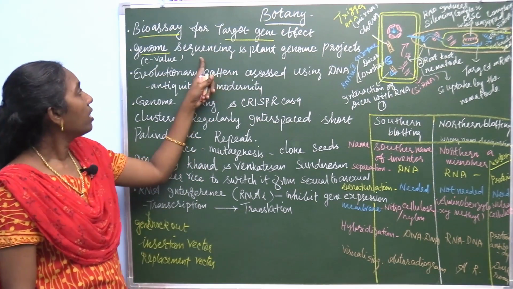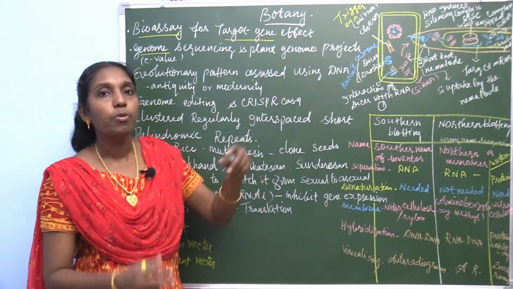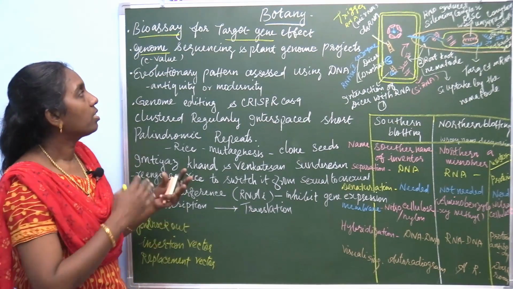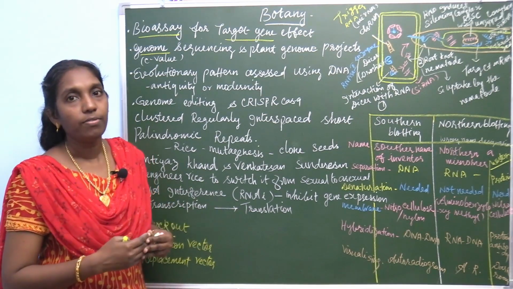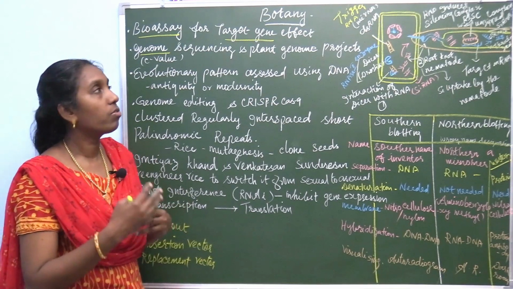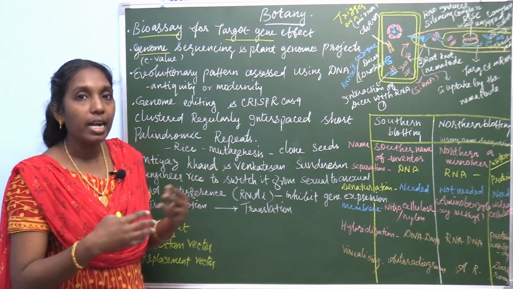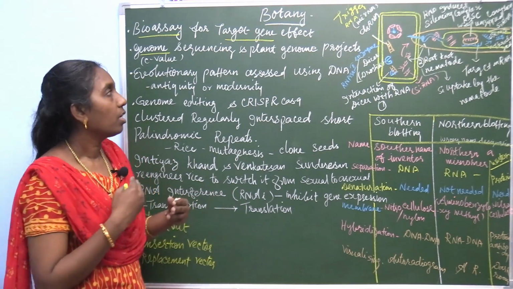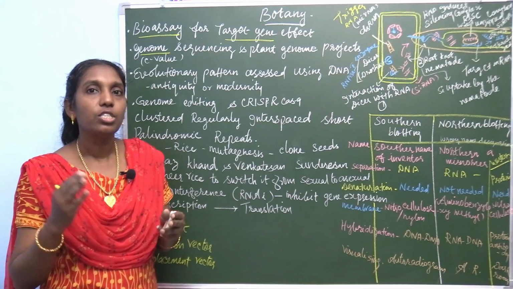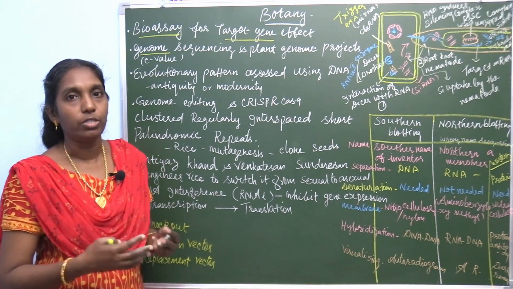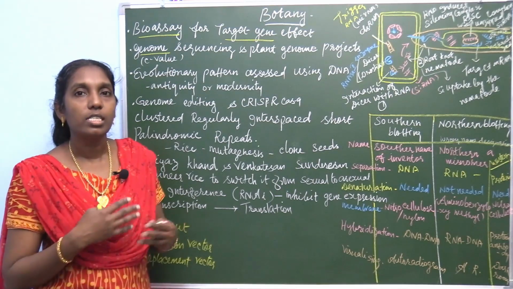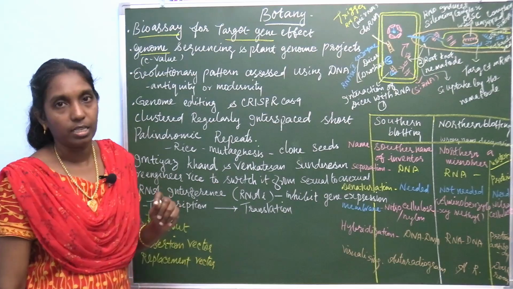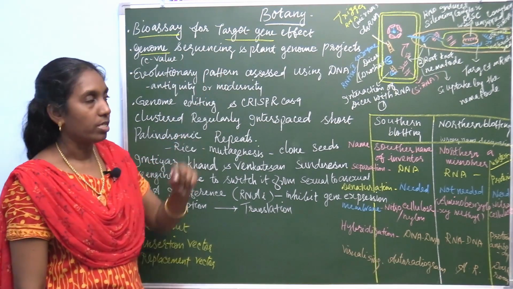So, this sequence analysis, here the plant genome projects, or this analytical method of sequencing. Sequencing analyzes each and every part of the organism: evolutionary characters, DNA content, all these are analyzed by the sequencing method, which is called genome sequencing.